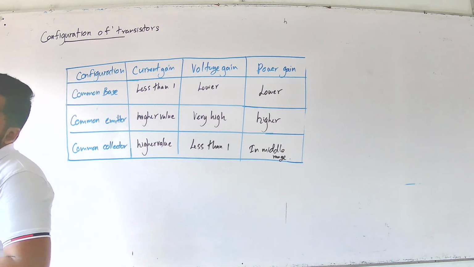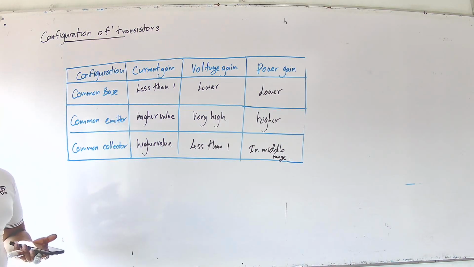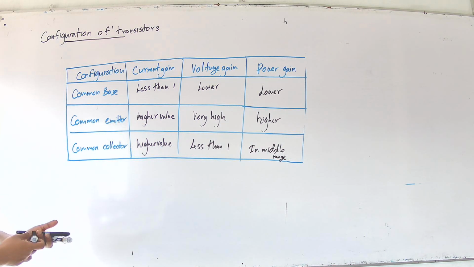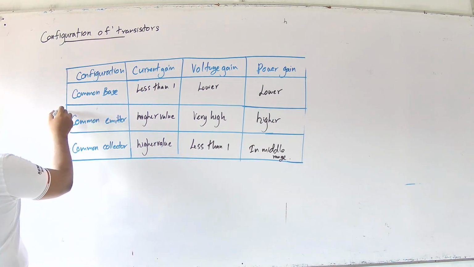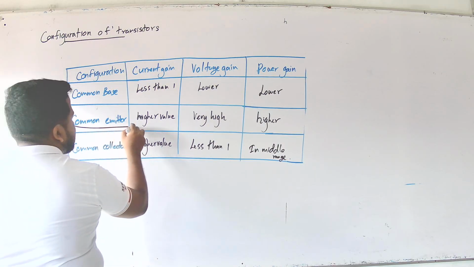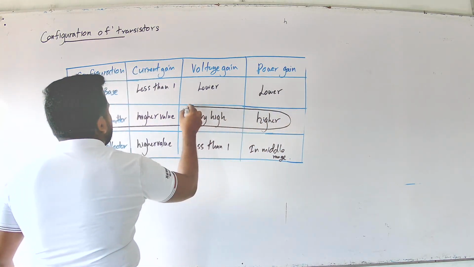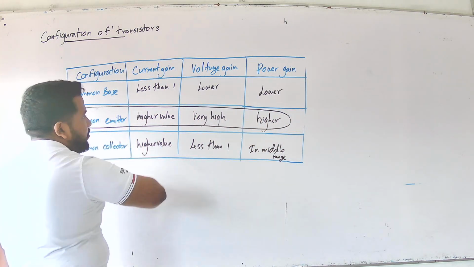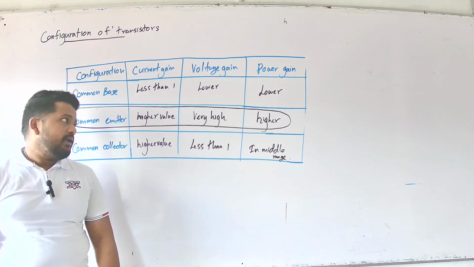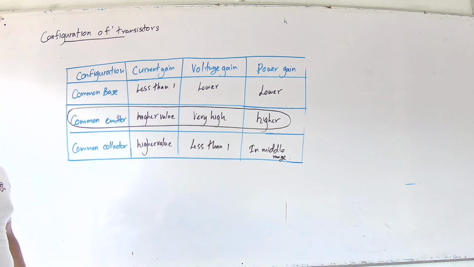Then මෙහෙම තියනවා නම් මේක හොඳම power. What is the best one? Common emitter. So we need to find out what is the best. So this one is the best configuration. So therefore, in every case, we are using the common emitter configuration, right? Okay, do this table also.